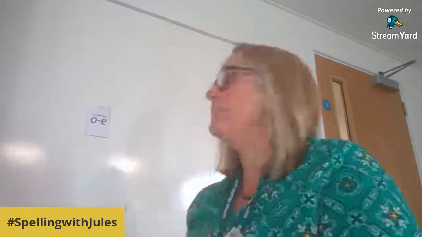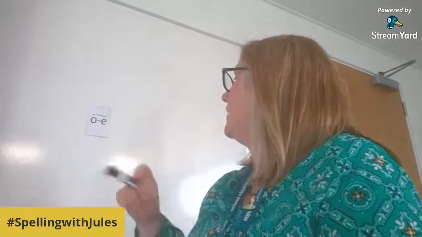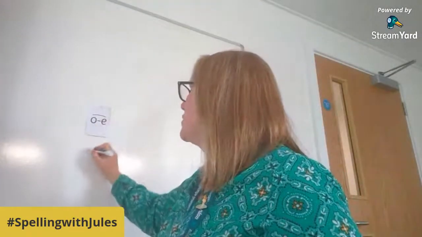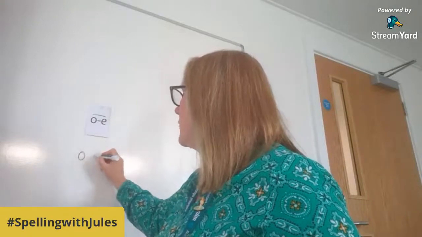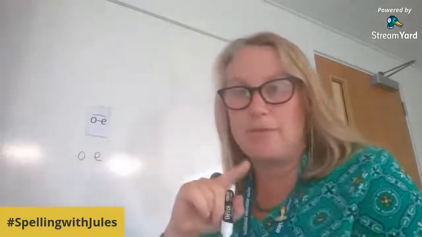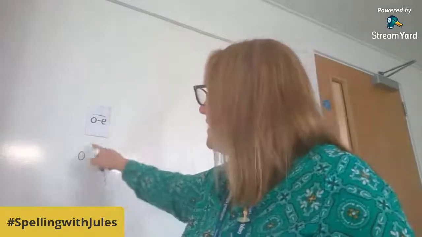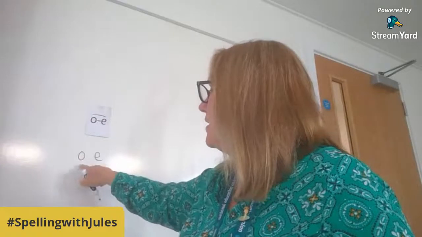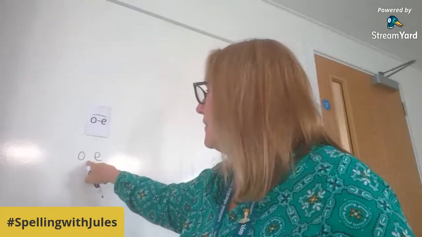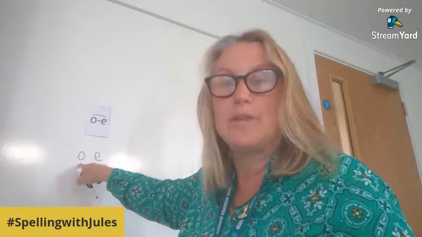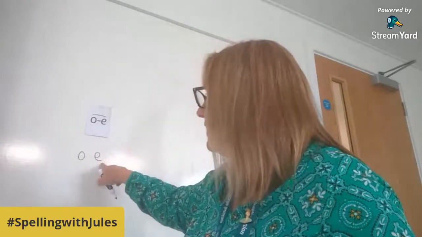Like for poem, they might go poem, or an O sound, but we are splitting the two up. So we've got our O and E there. So two letters, one sound makes a digraph. A split digraph means two letters make one sound, but they're split by a letter. Okay, and the O that we know becomes an O when we put an E on the end.